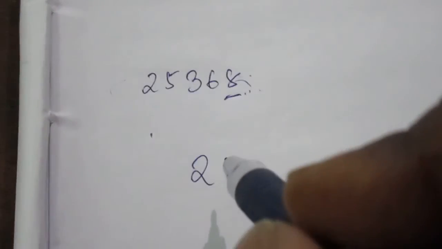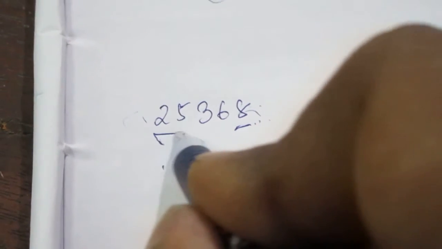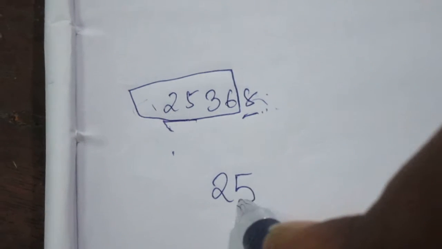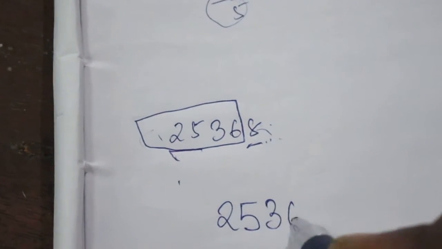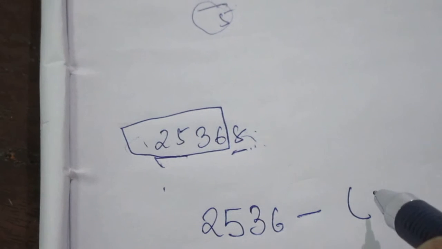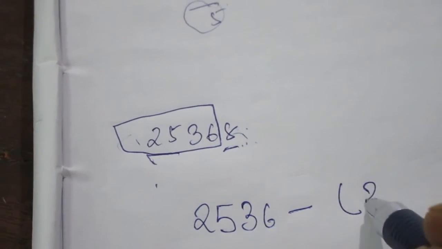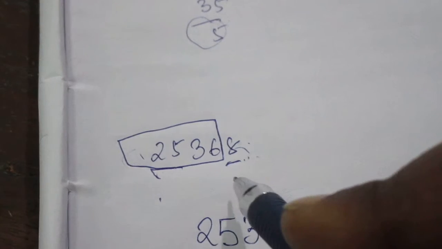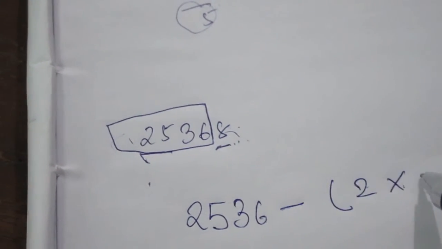That is 2536, only this number is formed except the ones digit. So right here, 2536 minus the difference should be between twice the ones digit. Twice means 2 into the ones digit. What is in the ones digit? It is 8. So 2 into 8.